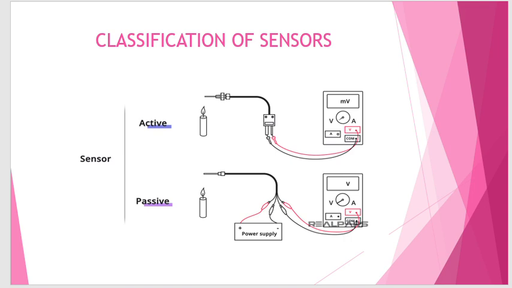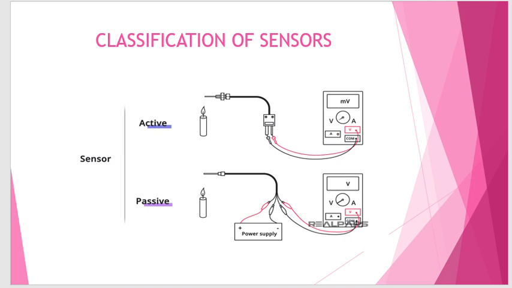The second classification is by the means of detection used in the sensor. For example, it may be electric detection, biological detection, chemical detection, or radioactive detection. Based on that, you can divide it into electric sensor, biological sensor, chemical sensor, radioactive sensor, etc. The third classification is based on the conversion phenomena. For a thermoelectric sensor, the input will be temperature and the output will be an electrical quantity.